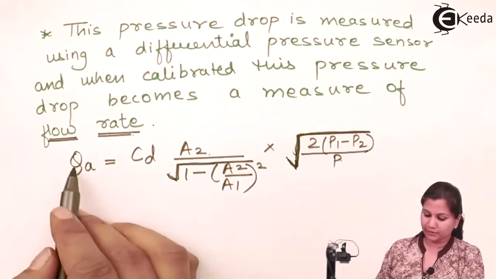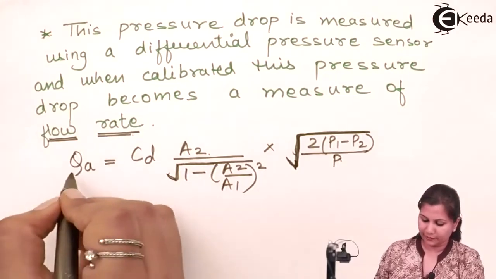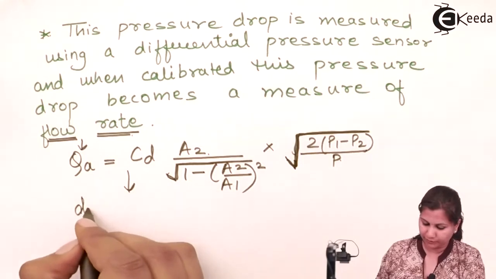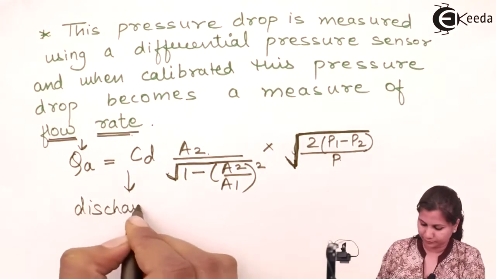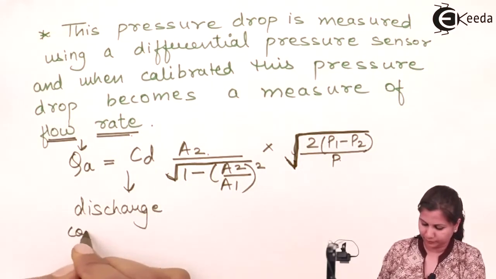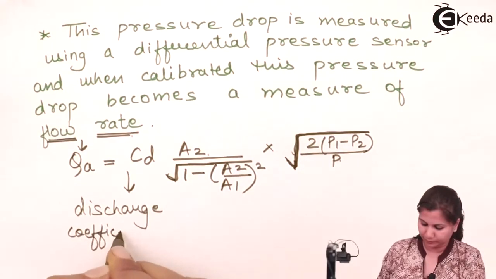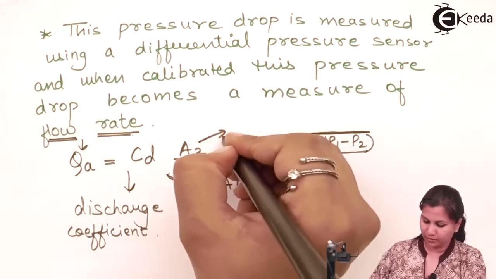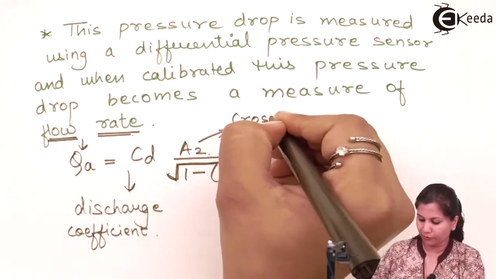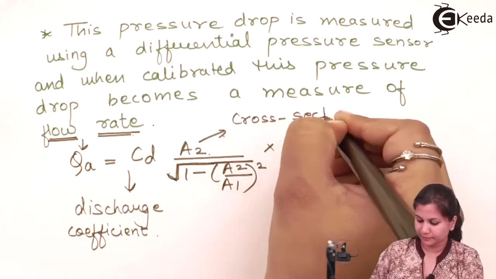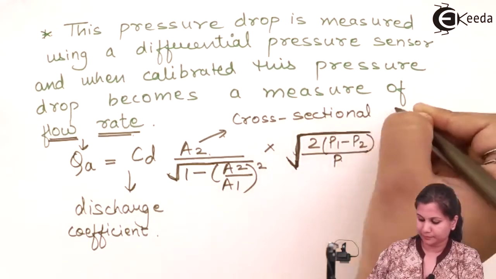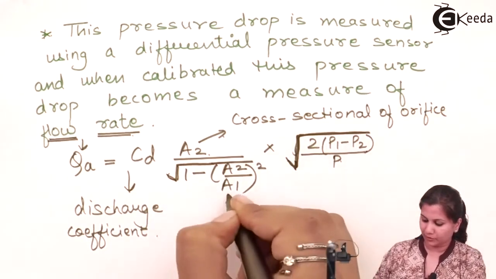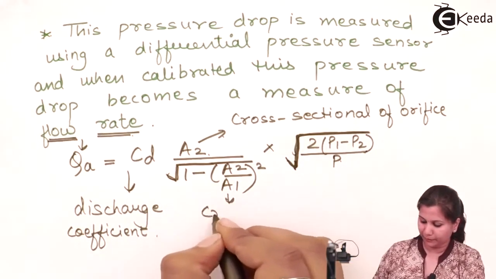So this is the flow rate. Q is the flow rate. CD is the discharge coefficient. A2 is the cross-sectional area of the orifice. A1 is the cross-sectional area of the pipe.